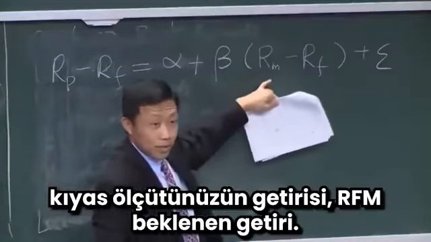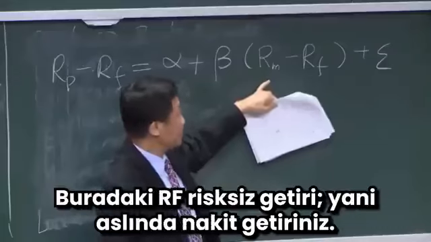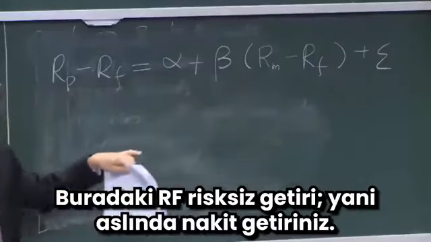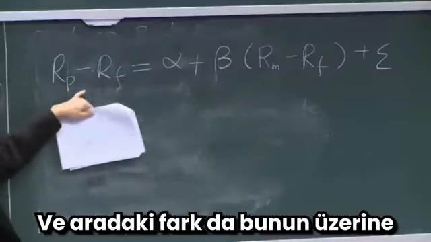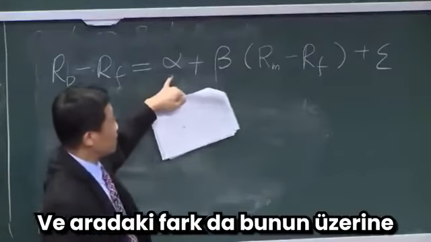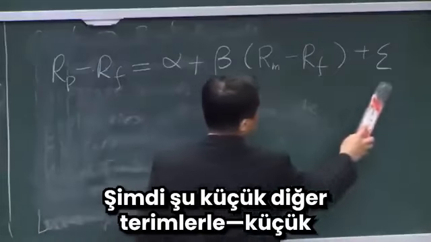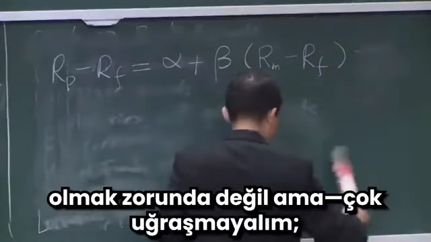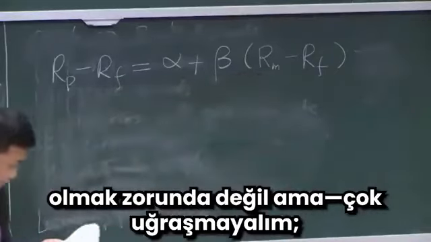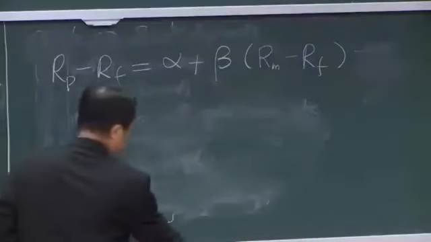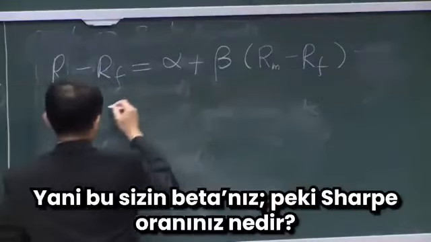This is your benchmark return, R of M, expected return. RF is the risk-free return, essentially your cash return, and the alpha is what you can generate additionally. Let's not worry about the other terms, or not necessarily small, but for simplicity I'll just reveal that. So that's your beta.